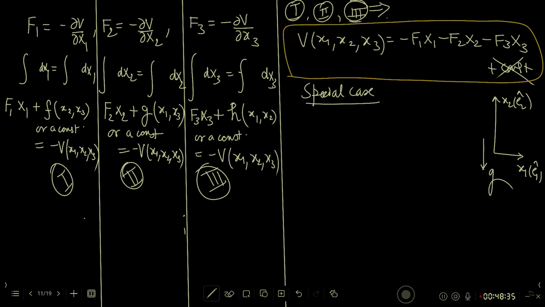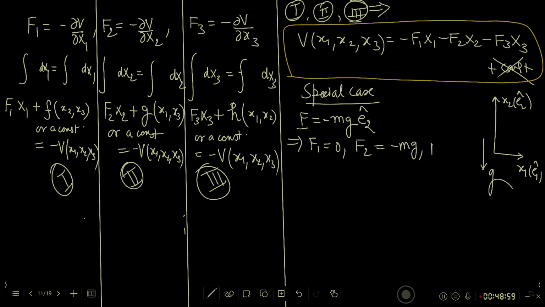The force is m times g in the minus e2 direction. That's the force field. It is a constant. Okay, so F1 is 0, F2 is minus mg, and F3 is 0.